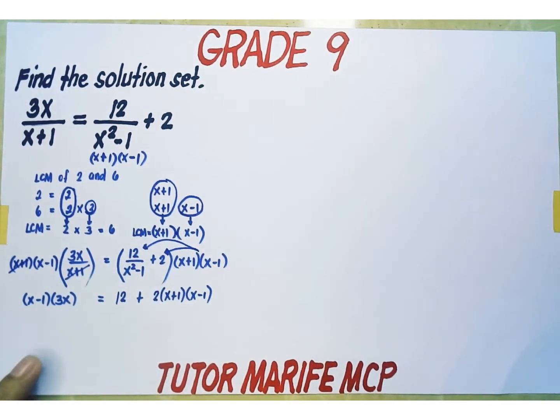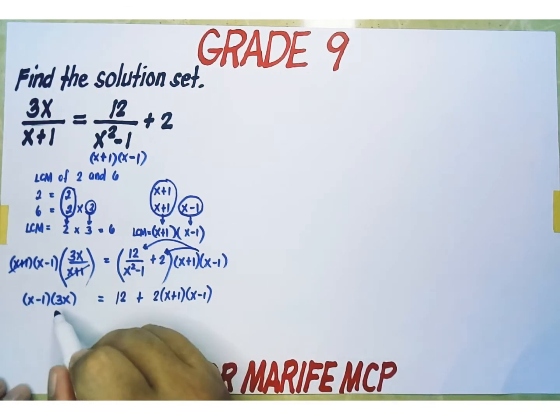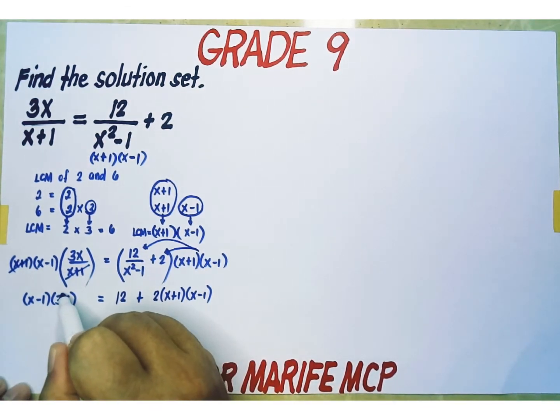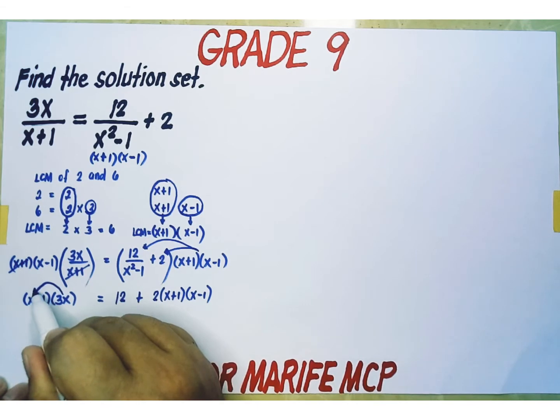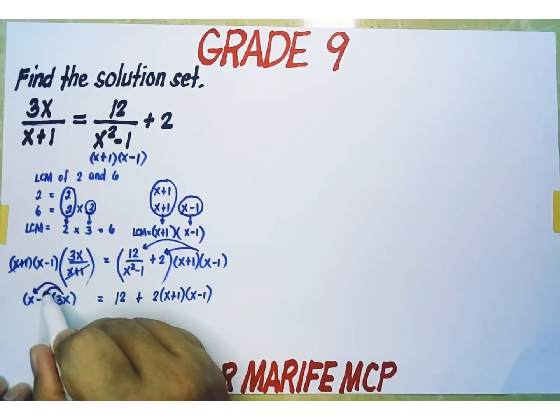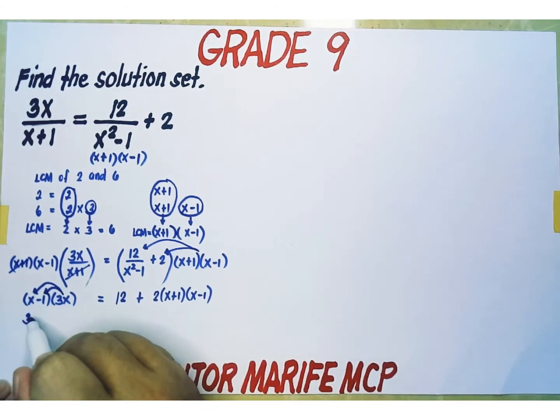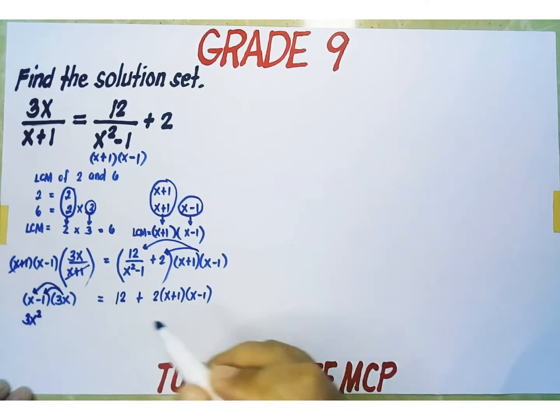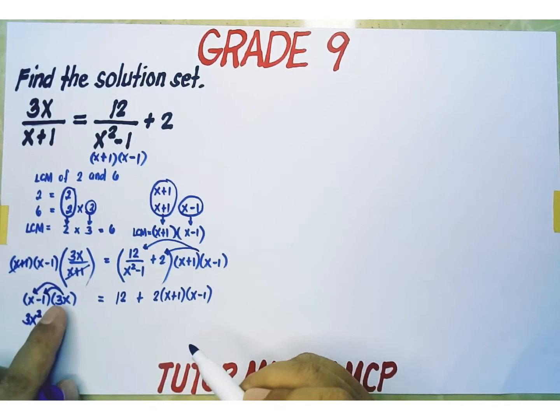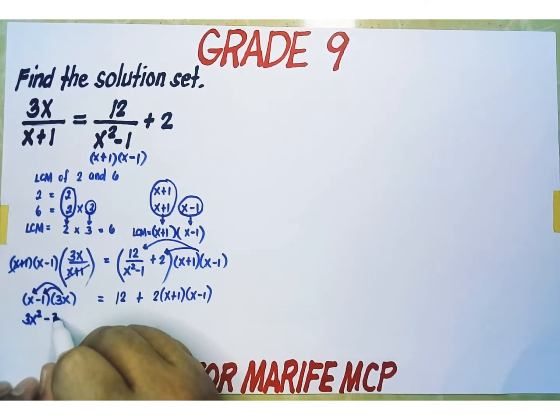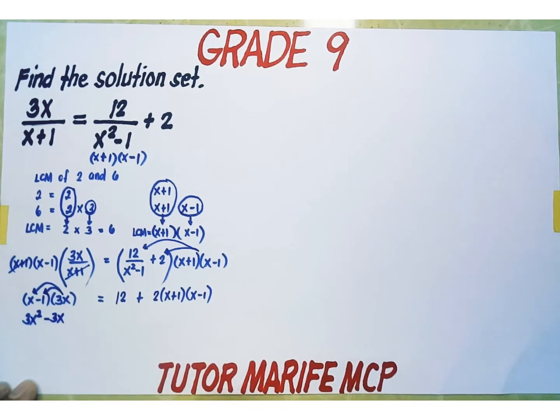Okay, so itong 3x na ito, i-distribute natin sa mga terms inside the parentheses. So, x times 3x is 3x squared. Negative 1 times 3x is negative 3x. Wala nang parenthesis sa left side.